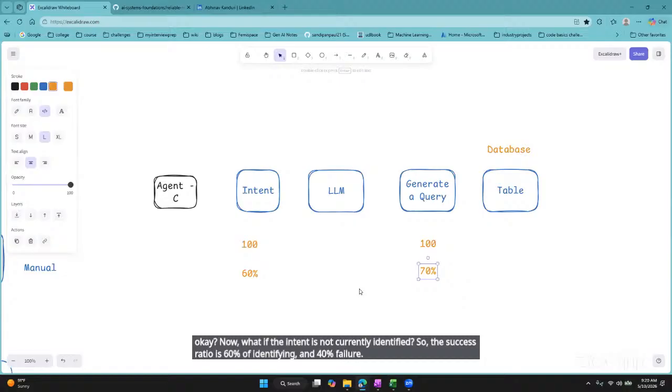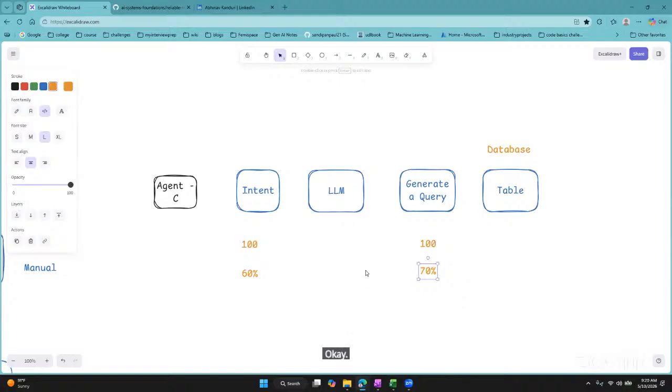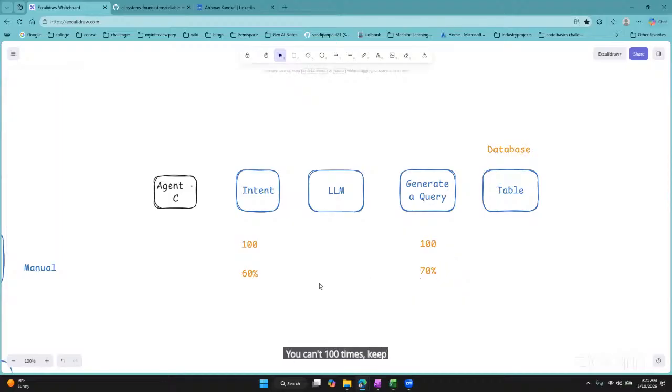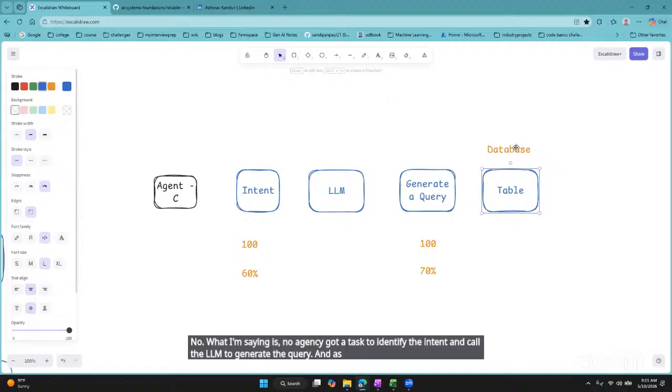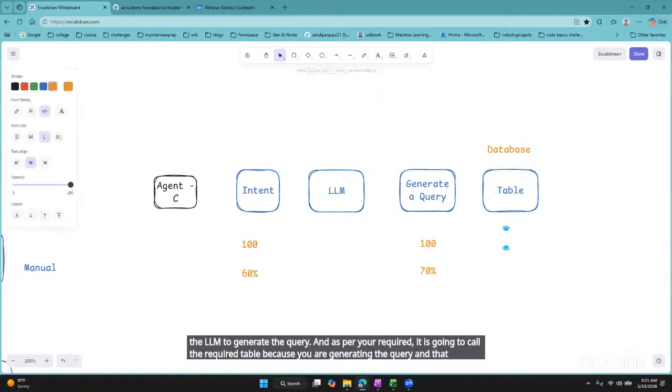Let us think like this, because this is a real-time scenario, right? You can't keep it 100% static. What I'm saying is, now agent C got a task to identify the intent and call the LLM to generate the query. As per your requirement, it is going to call the required table, and that is showing the status, and the status says order placed and success.